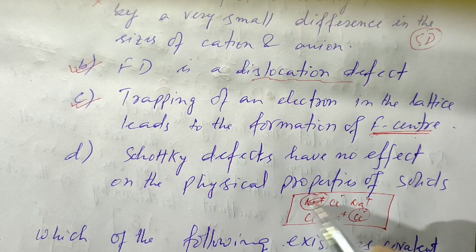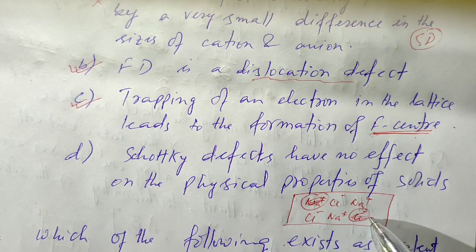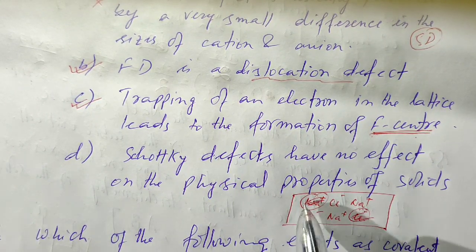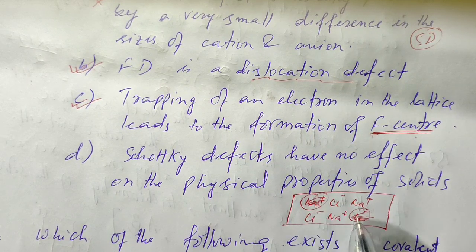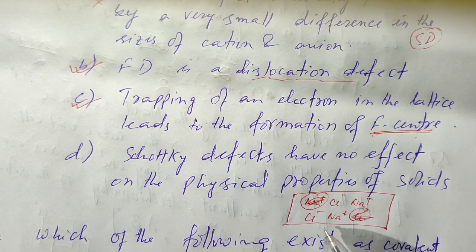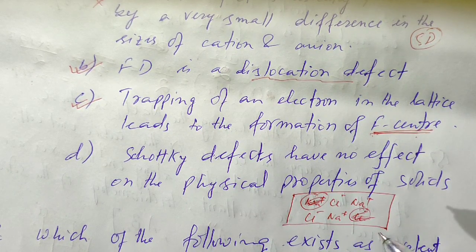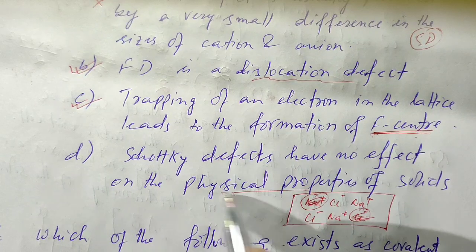So this ion will be removed, this ion will be removed, for example, then there will be vacancy. Since there is vacancy in the solid, the ions will be able to move. When the ions are able to move, the conductivity will be increased. So conductivity is a physical property.